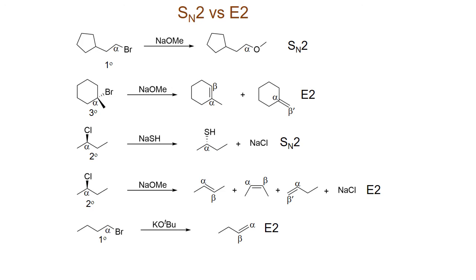So hopefully these examples give you some idea about how to analyze the reagent and the alkyl halide to predict the outcome under a given scenario.